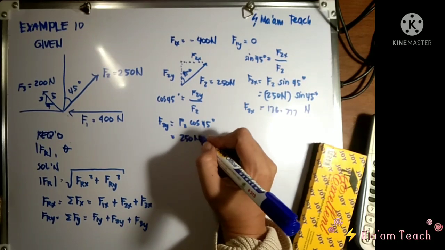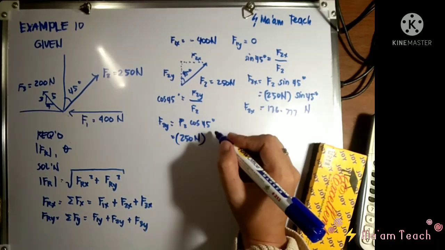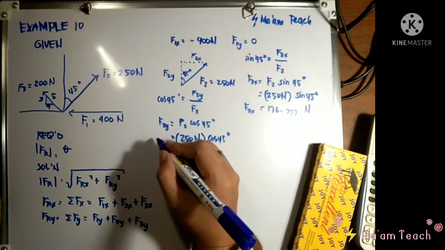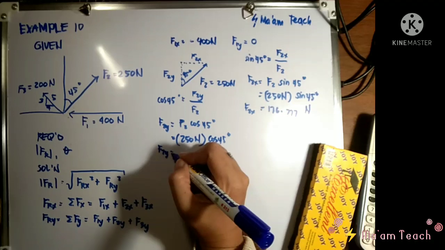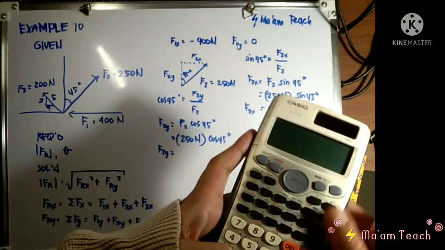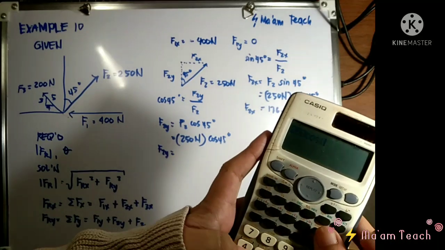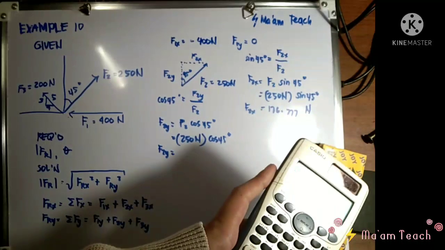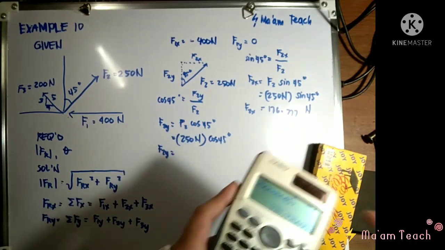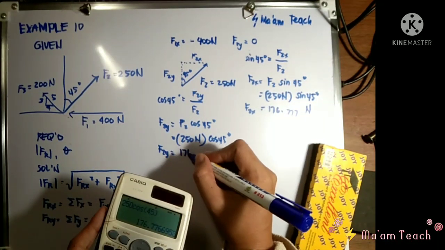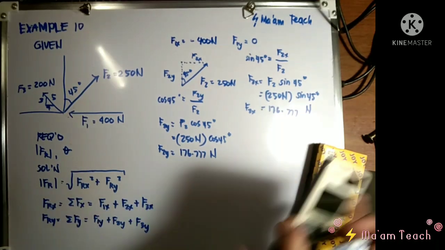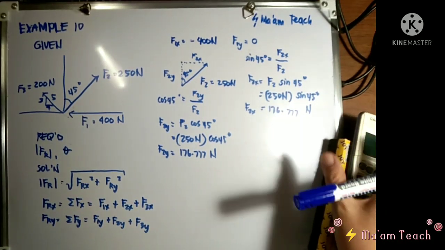So 250 Newton times cosine 45 degrees. So your F2y is equivalent to, take note guys, it is still 45, so expect that it will be equal. It's still 176.777 Newton.